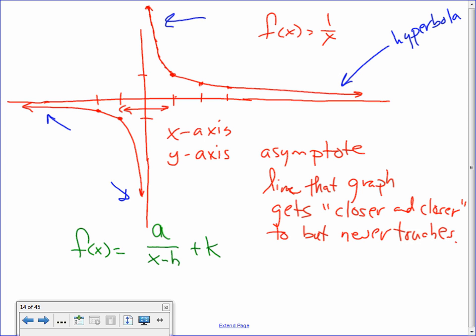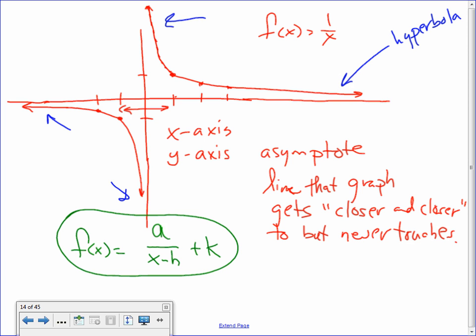Now, this is fundamentally the kind of transformations that we would expect, and we're going to expect you to be able to graph reciprocal functions when they look in this particular form. And what you need to remember is that h is the place on the x-axis where the vertical asymptote is.